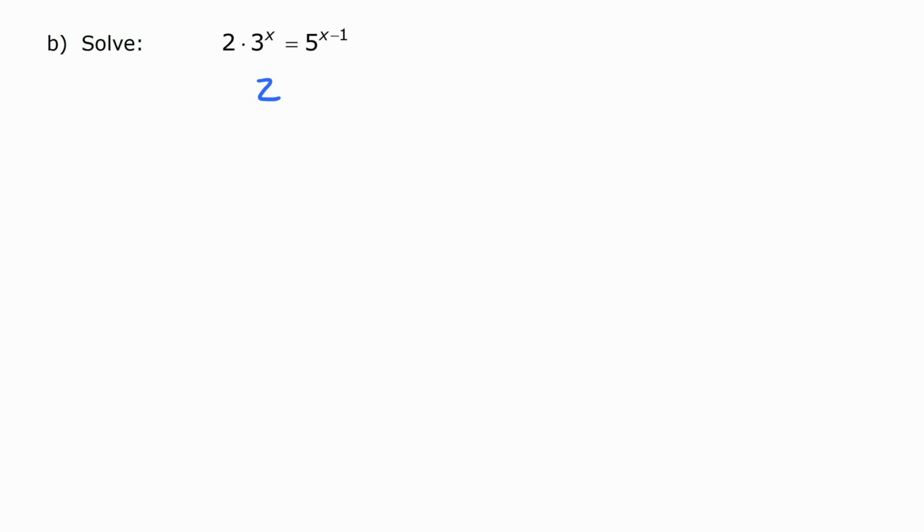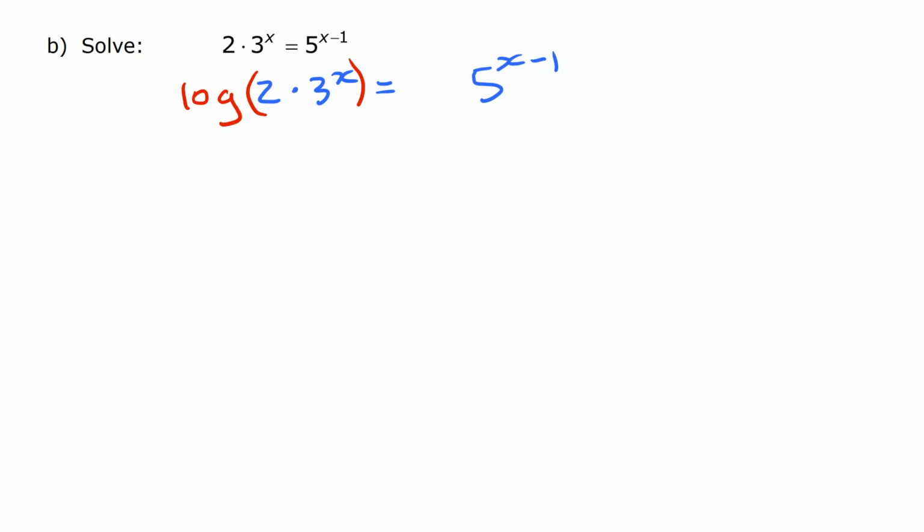So I'm going to write it out. 2 times 3 to the x equals 5 to the x minus 1. If I take the logarithm of this side, I should actually put brackets around there because it's two things multiplied, and we want to make it clear it's the logarithm of the whole thing. Now, this is just a product in here, and we can deal with that because we know the logarithm of a product.